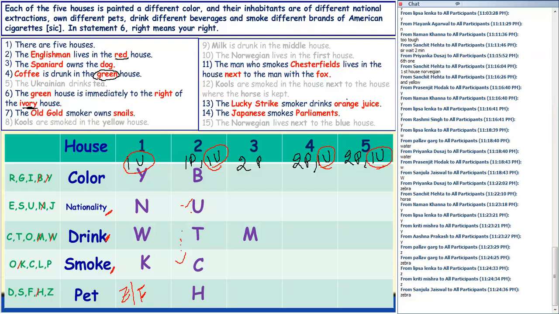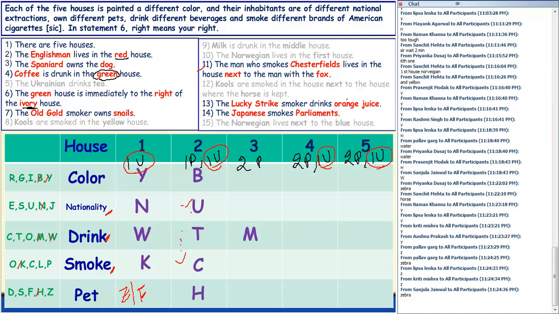The green house is to the immediate right of the ivory house. Now, between zebra and fox, which will come in the first house? Statement number 11 says the man who smokes Chesterfield lives in the house next to the man with the fox. So what are the possibilities?